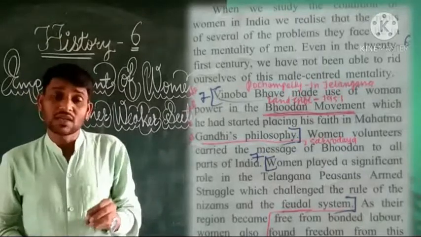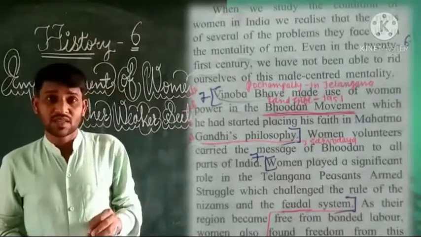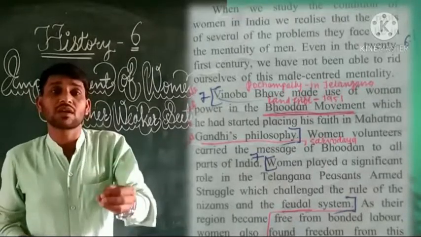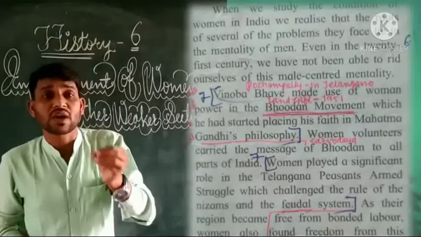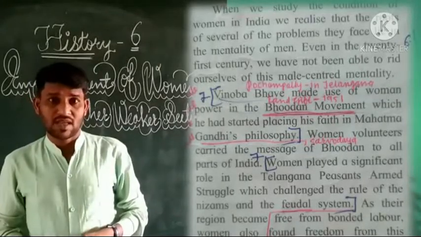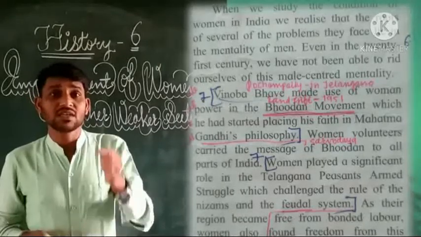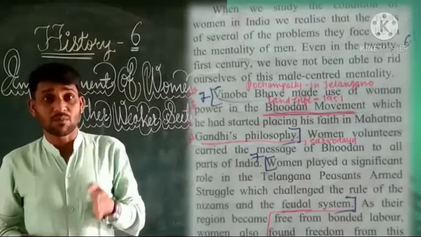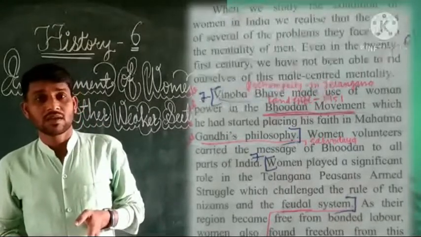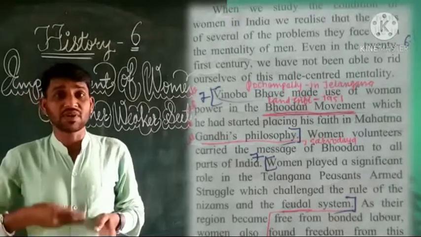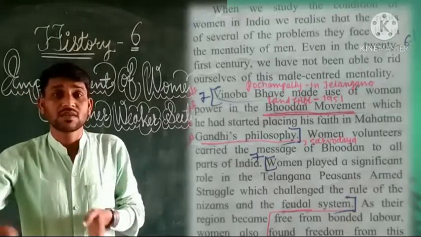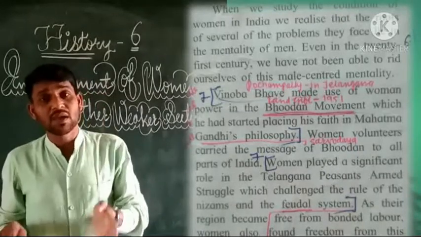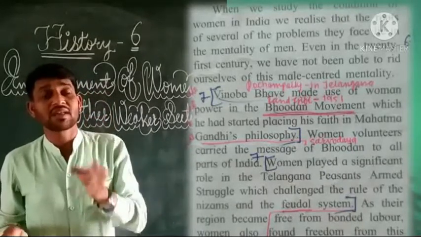Vinoba Bhave made his efforts to convince the strongest landlords. And we can see Shri Vendre Ramachandra Reddy gave the first land as Dan, and through his name the movement was named the Bhudan movement.